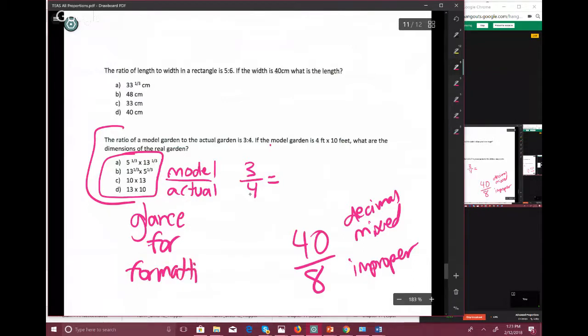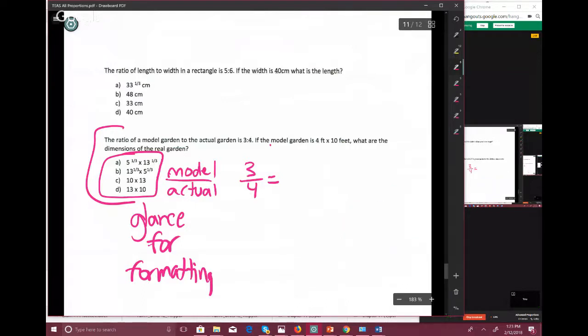Always glance when you come to a point in a question where the way in which the answers are written might be relevant. They're not going to do a couple of improper fractions and a couple of mixed numbers. They could be a worse, meaner test than they are, and they could do that, but they don't. They stick to one format.